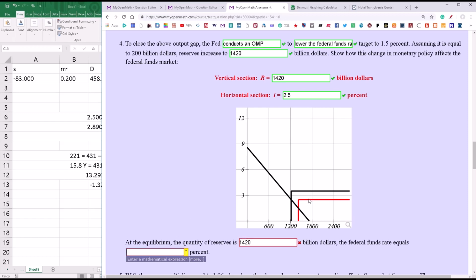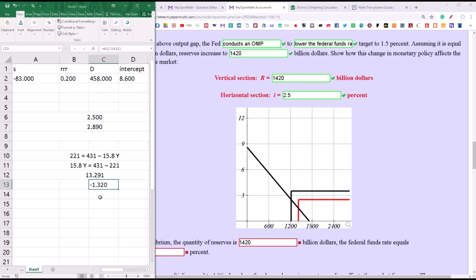because the discount rate is 2.5, the federal funds rate is going to be probably 1.5, but we can double check. We can double check by plugging this quantity of reserves into the original demand curve. So let's do it right here. Okay.